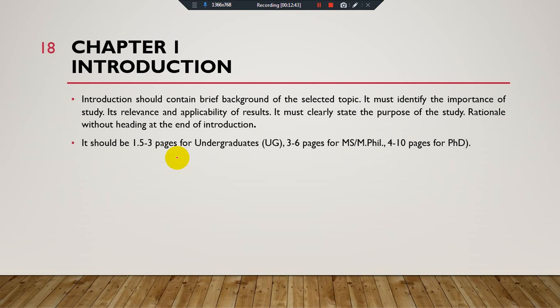Normally for undergraduate students, you have to provide an introduction of 1.5 to 3 pages, but for MPhil and MS students, 3 to 6 pages. But for PhD students, you have to complete your introduction in 4 to 10 pages.